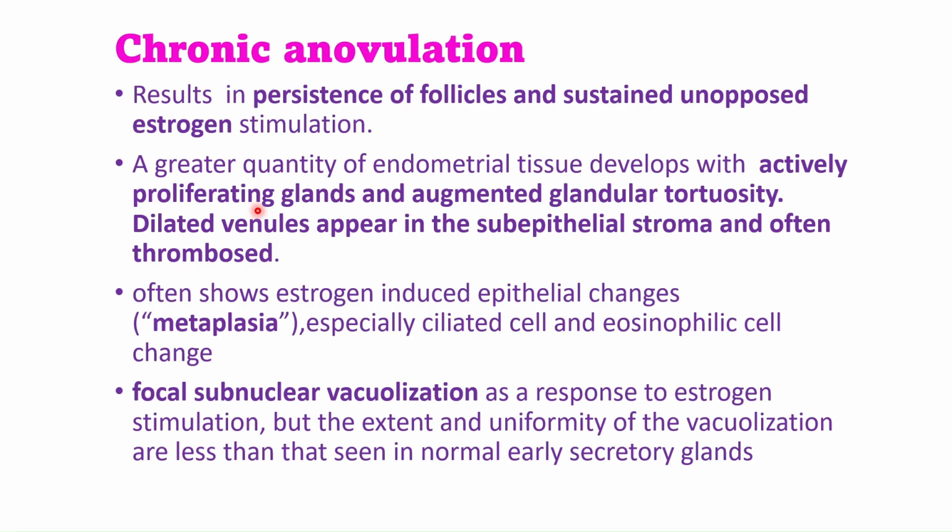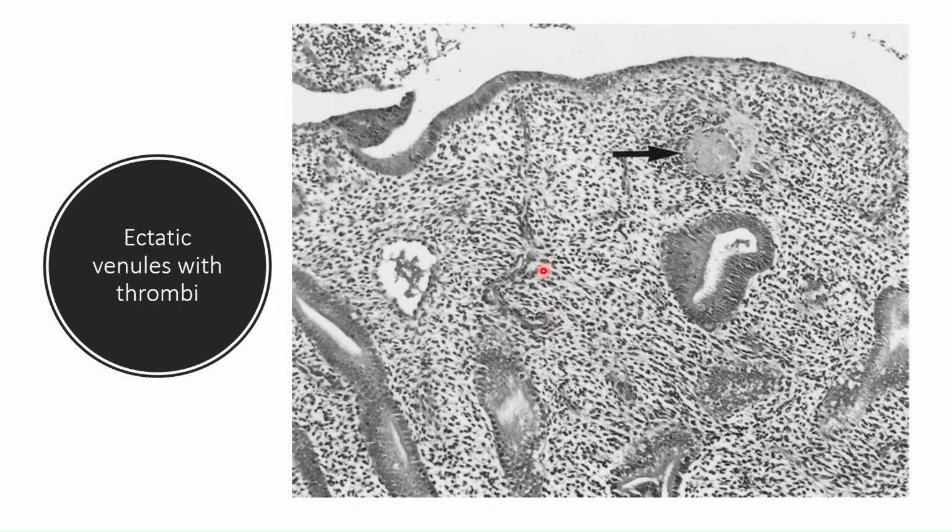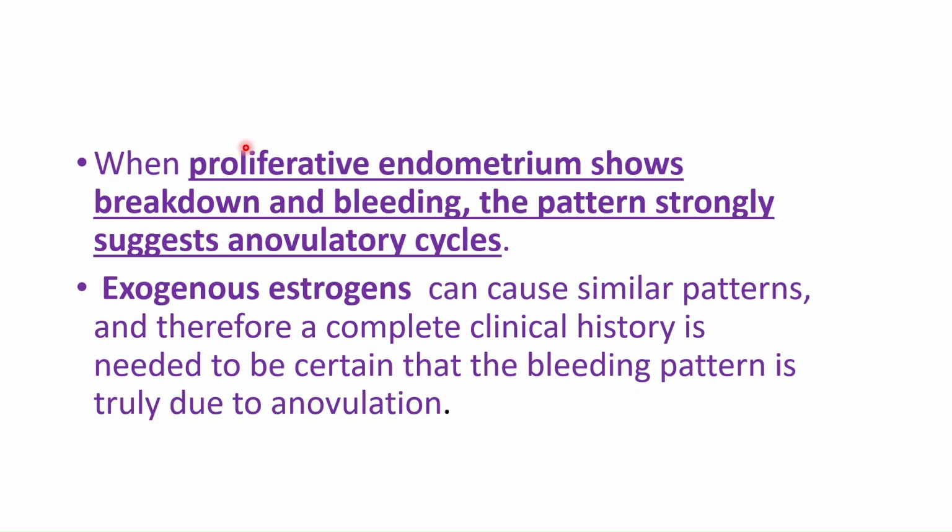So in sporadic anovulation, there are weak proliferative glands. In chronic anovulation, because of unopposed estrogen, the glands are actively proliferating. Here we can see proliferative glands, and this ectatic or dilated vessel shows thrombosis beneath the surface epithelium. Now, when proliferative endometrium shows this breakdown and bleeding, this pattern strongly suggests an anovulatory cycle.